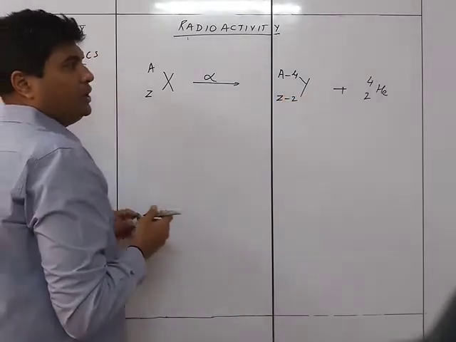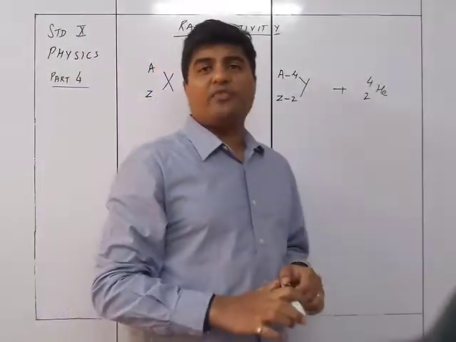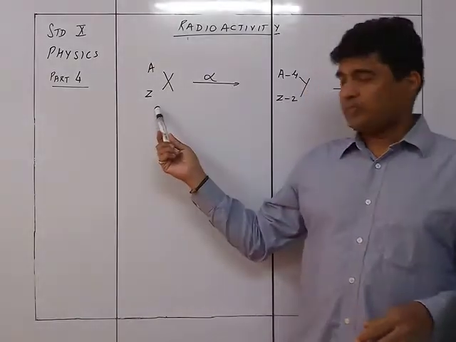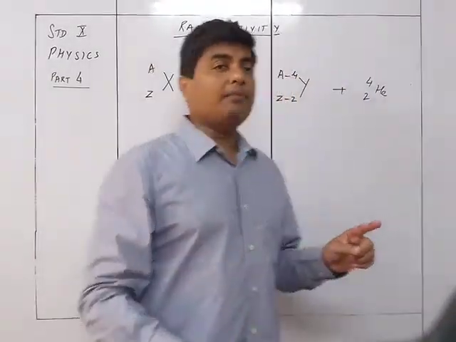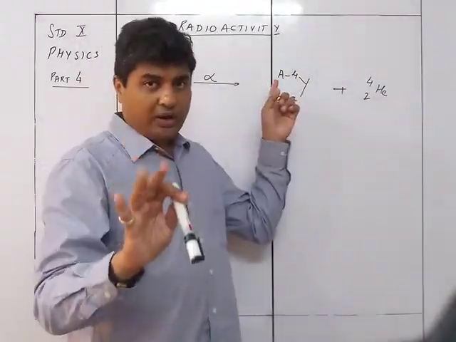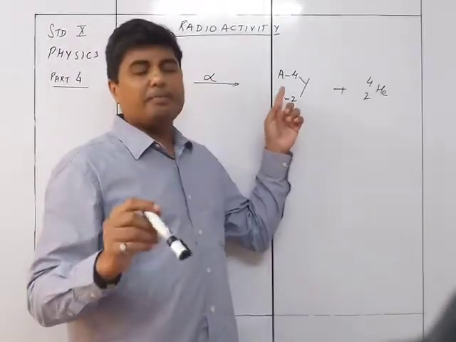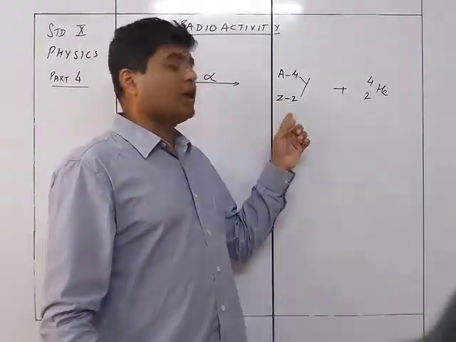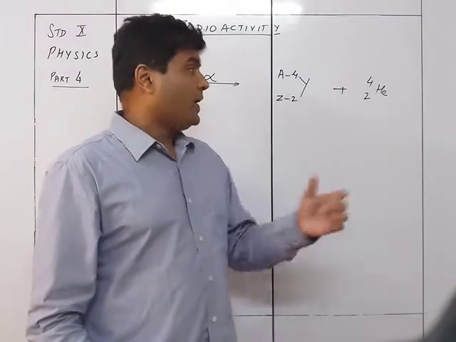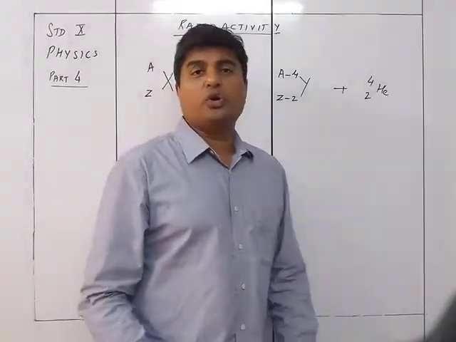So accordingly, after the emission of an alpha particle from X, the atomic mass reduces by 4 and the atomic number reduces by 2, and a helium nucleus is given out.